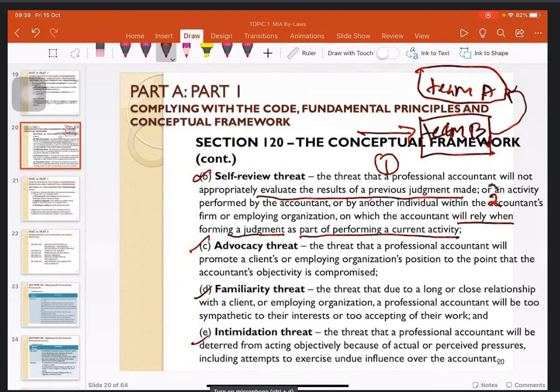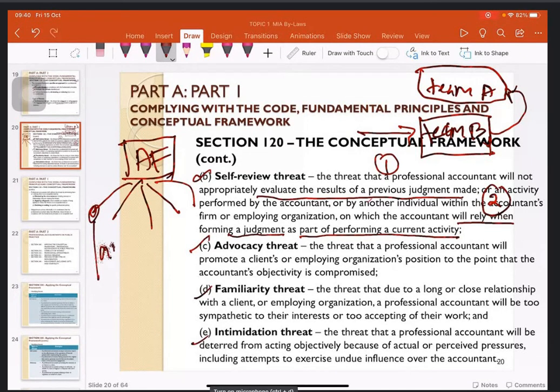The second situation adalah katakanlah bahawa you are dalam audit firm. Audit firm, kita ada banyak department, am I right? And then ada department also provide service kepada our client. Katakanlah bahawa you kat sini provide audit service.